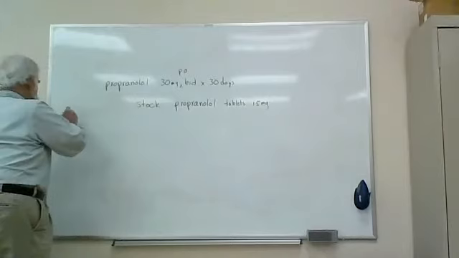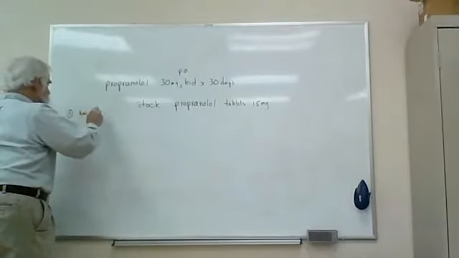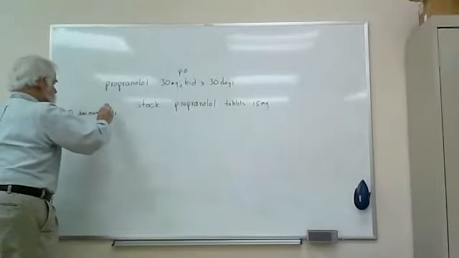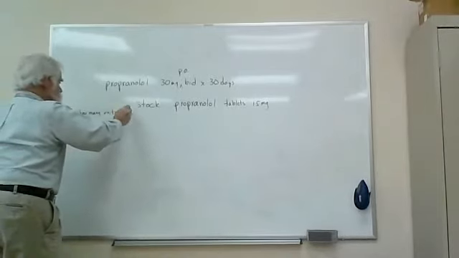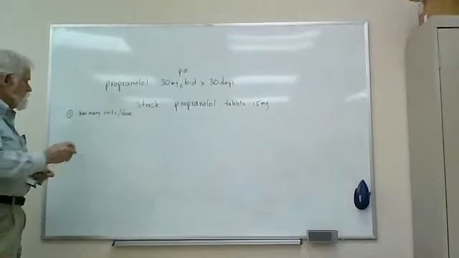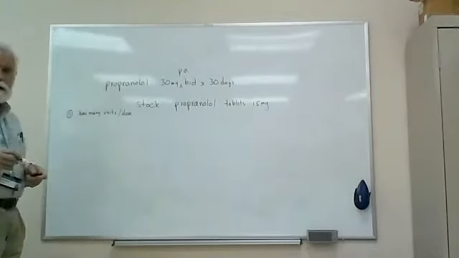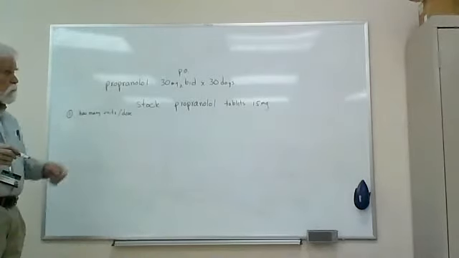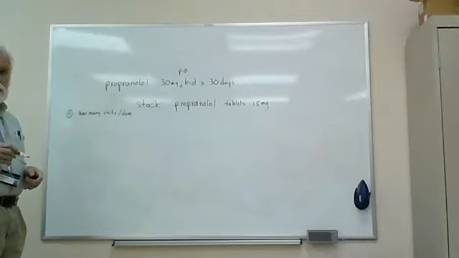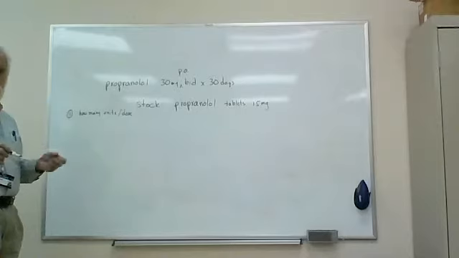Step number 1, how many units per dose? Okay. Would be the 15 milligrams per dose, right? What? 15 milligrams per dose? No, it's 30 milligrams per dose. Yeah, that's pretty clear. We're going to go through the calculation because sometimes it's not so obvious.